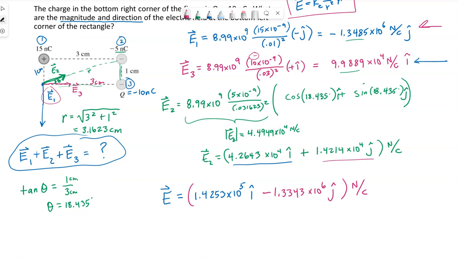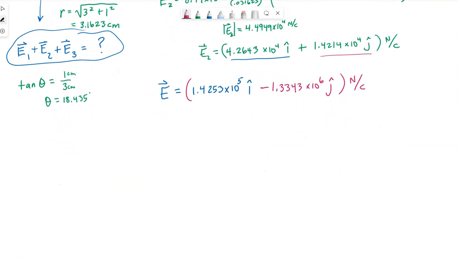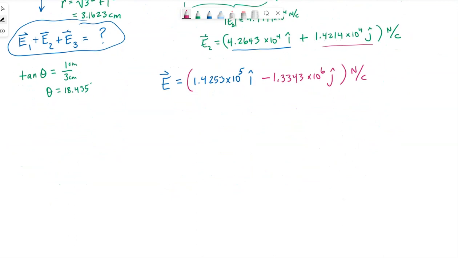The problem, though, wanted us to find the magnitude and direction of this electric field. So we need to find overall how strong this electric field is and in what direction it points. I always draw these components out to make sure I'm making sense of where my angle is located. So I have an x component that points to the right, because we have a positive value, and then I have a y component that points down.